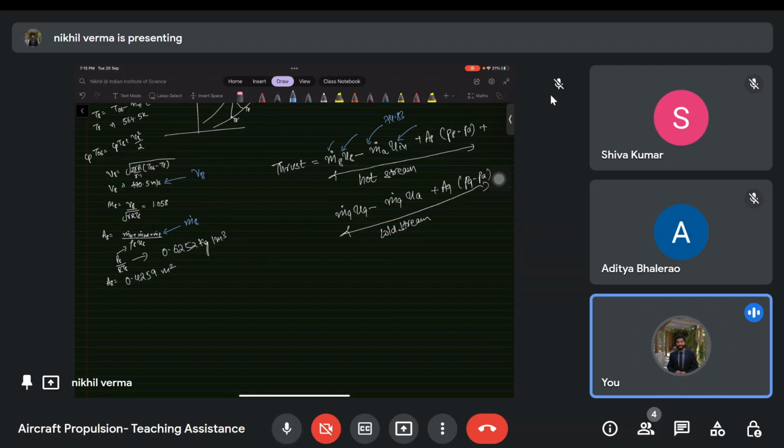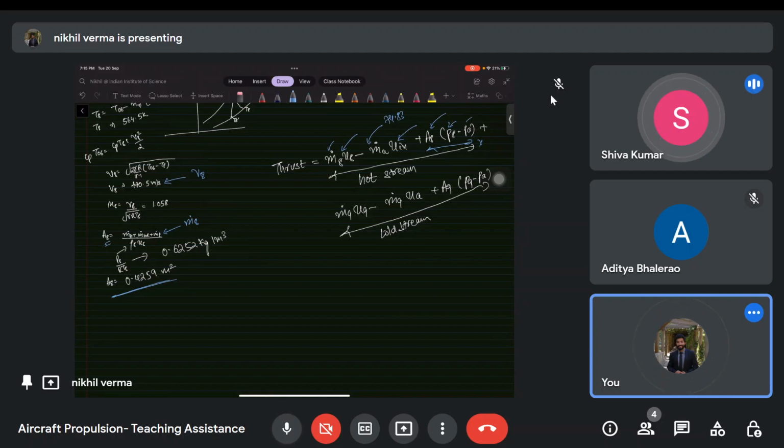A8 is calculated. And P8 and Pa, it is assumed that it is perfectly expanded, so this term will go off, not required. But anyways, we have calculated what is the area required for this nozzle.